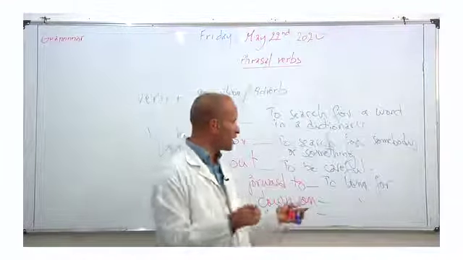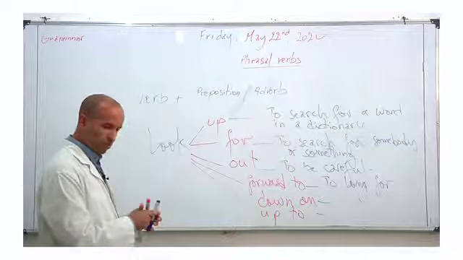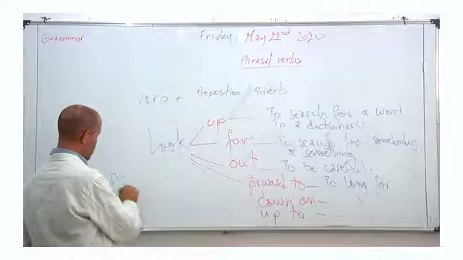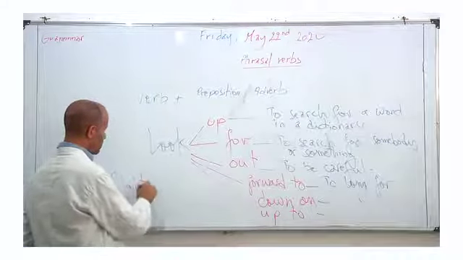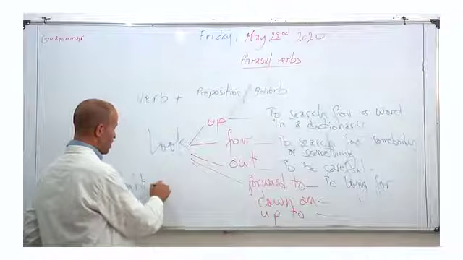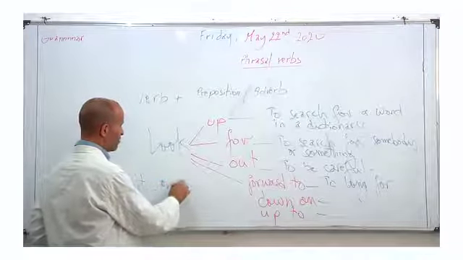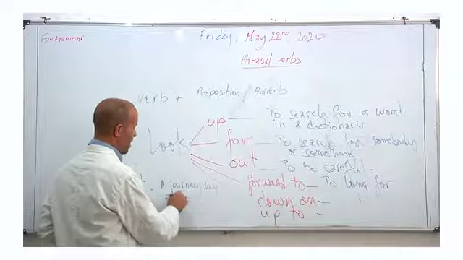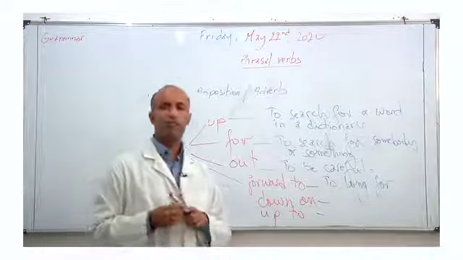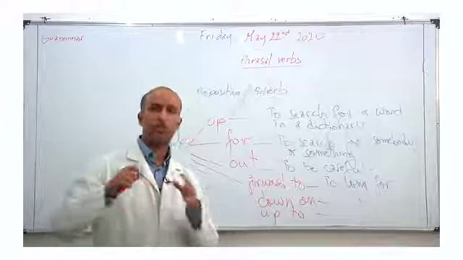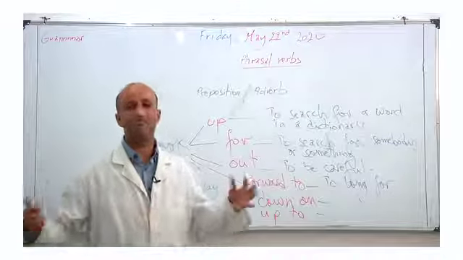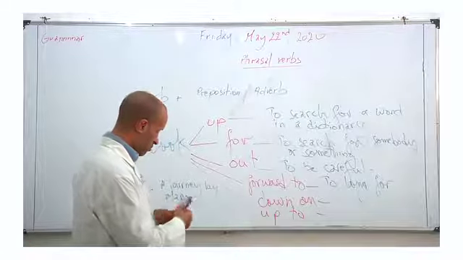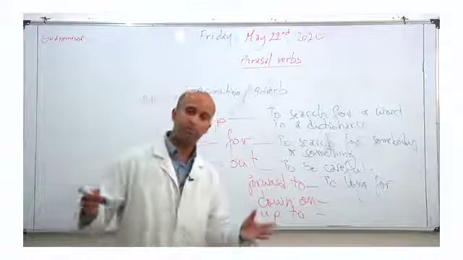What is a flight? A flight is a journey by plane. When you travel by plane, that's a flight. Schedule is a program.